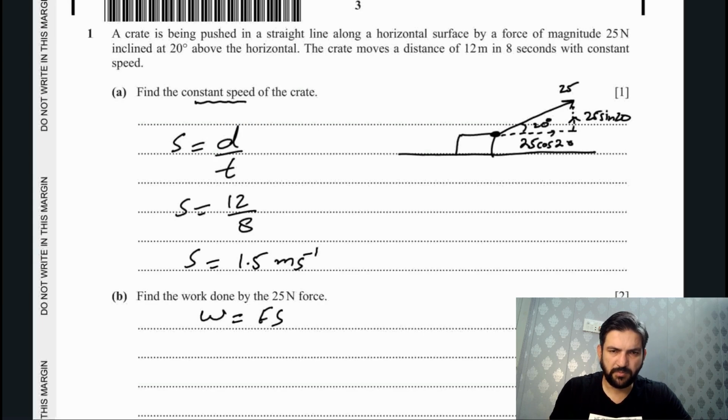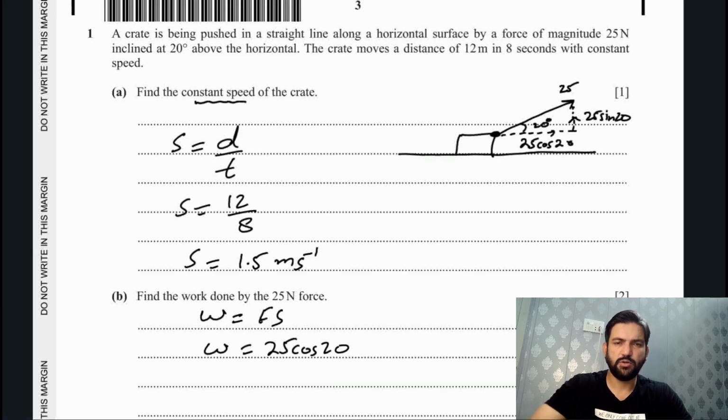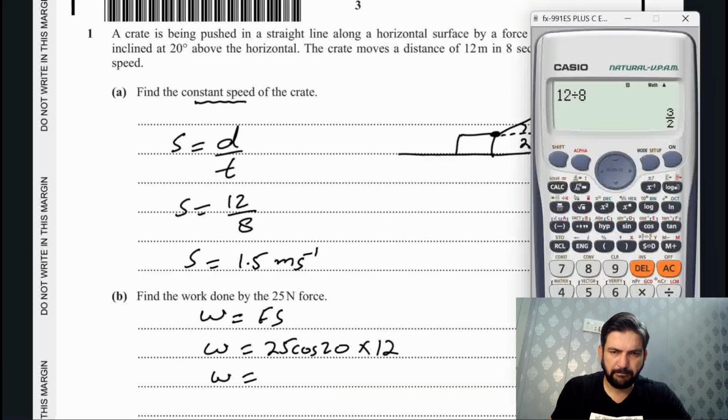So W is equal to 25 cos of 20 multiplied by 12. Keep one thing in your mind: the angle should be in degree mode.